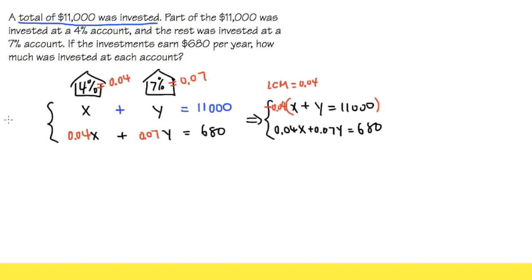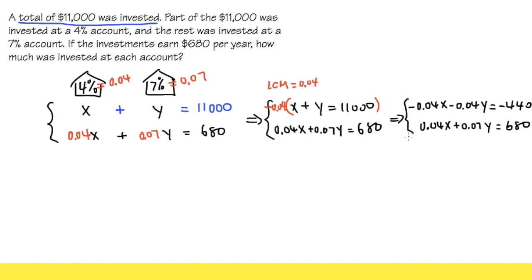And you will see we will have this times that is negative 0.04x, and this times y is negative 0.04y, and this negative 0.04 times 11,000, that will give us negative 440. And then for the second equation, I'm just going to keep it as how it is, positive 0.04x, and this is positive 0.07y, and this is 680.